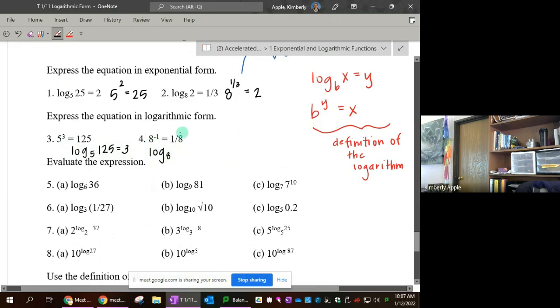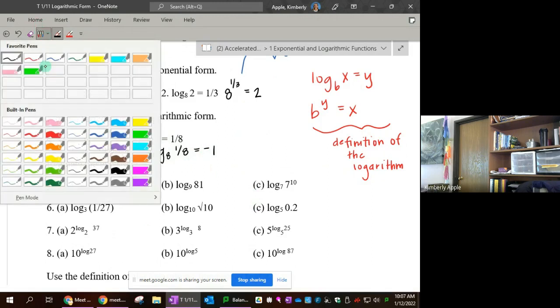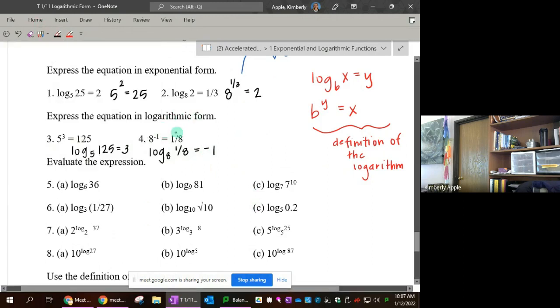What is the answer in this equation? Yeah, in the exponential, it'd be 1/8, so that equals -1. Now, why is that true? Let's look using our exponent rules. So 8 to the negative 1, what happens if you have a negative exponent and you want to make it positive?